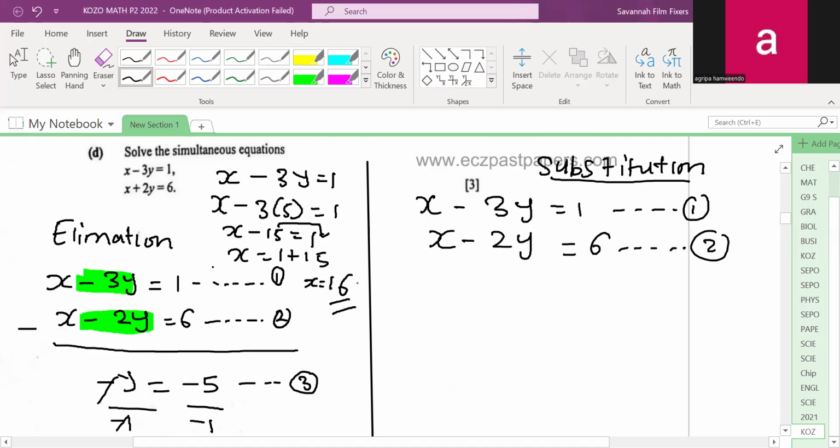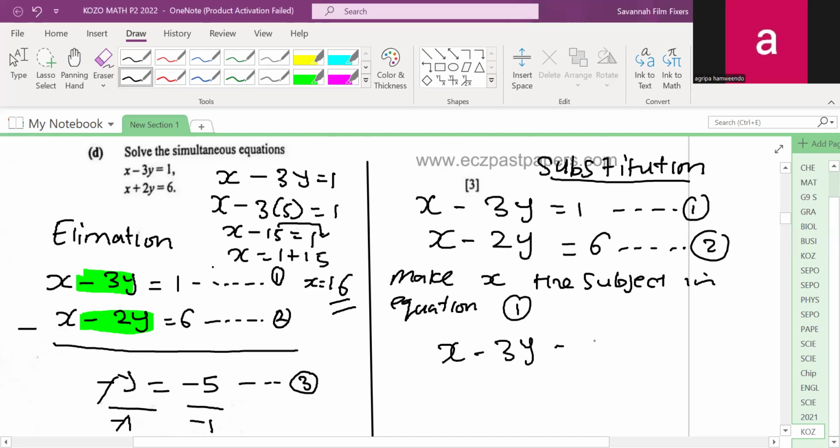So let's make x the subject in equation 1. So this would be x minus 3y is equal to 1. That will cross the equal sign, so x will be 1 plus 3y. Agreed?